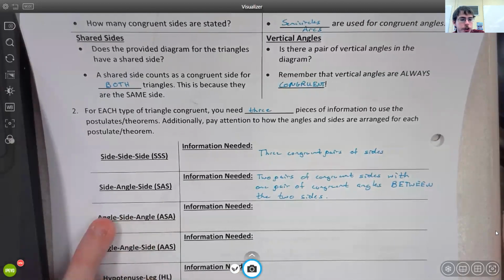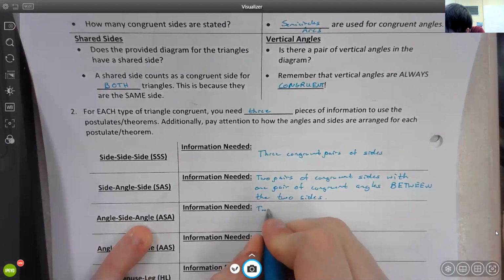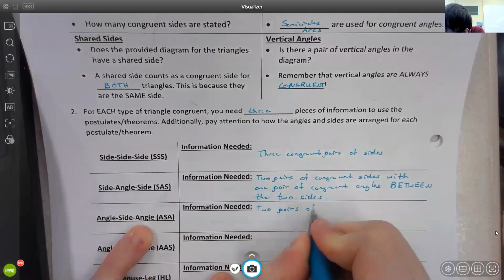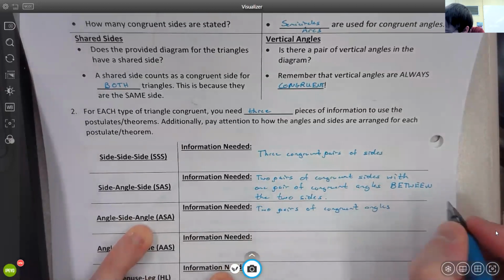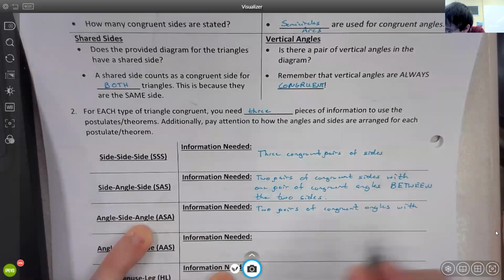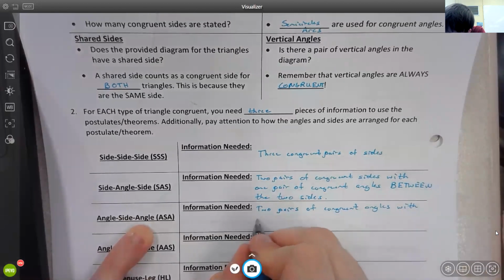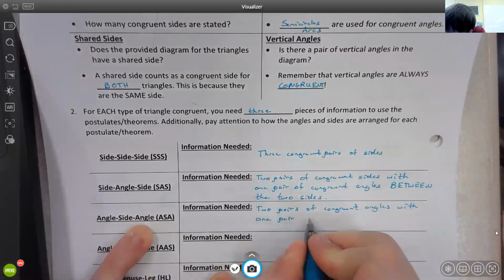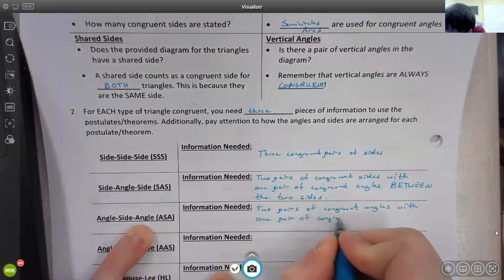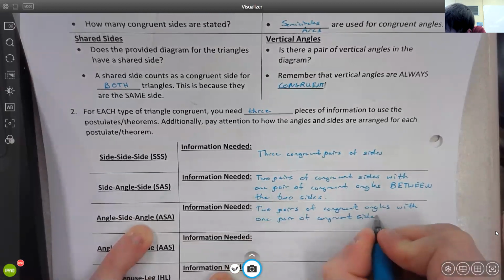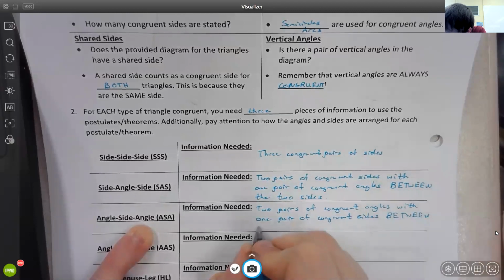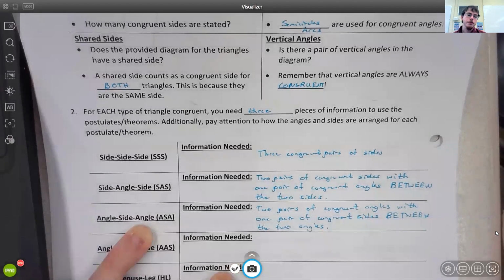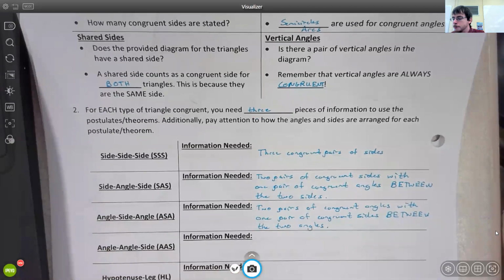Angle side angle, you need 2 pairs of congruent angles with 1 pair of congruent sides that are between the 2 angles, as the name implies.